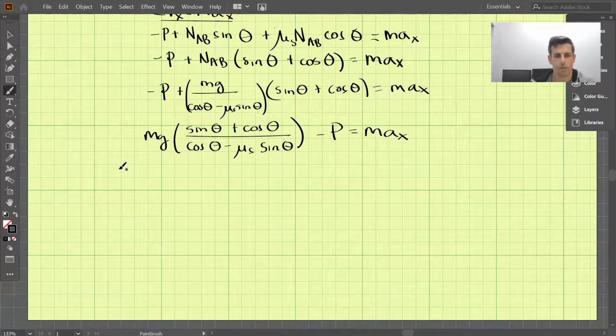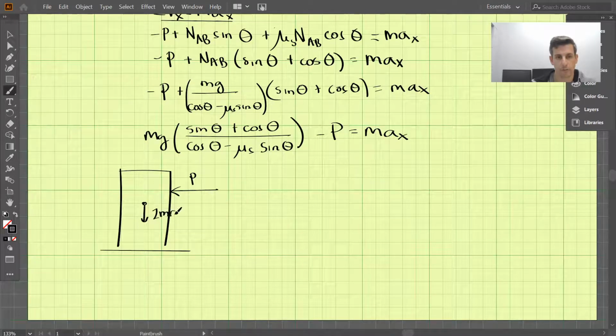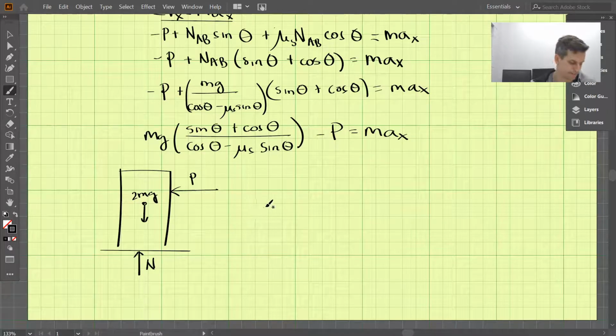So I'm going to draw the two blocks together, and then we have P on top here, and then if we combine the two blocks, downward here we have 2mg, and then we just have a normal force here. Remember, we're told to neglect friction between the bottom surface and the bottom block here, so there's no frictional force here.